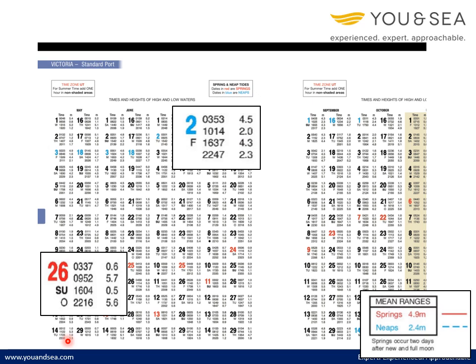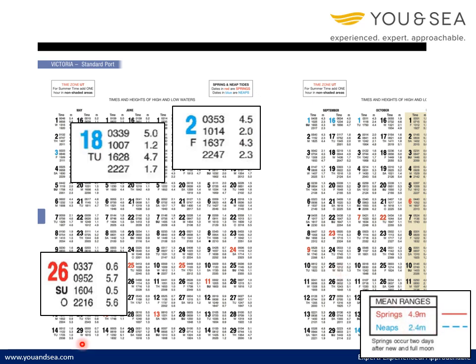Picking one up here on the 2nd, it looks as if we're on neap tides because it's blue. The range between the first high tide in the morning and the second tide is 2.5 metres, just slightly above neaps. And as a third example here, it says it's blue, so that would lead you to think we're on neap tides.